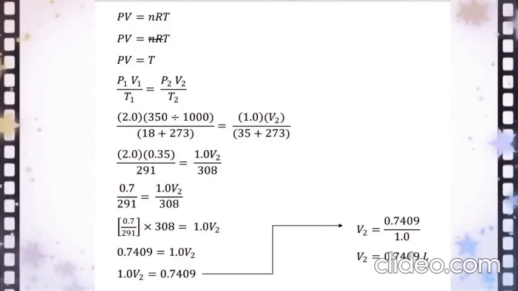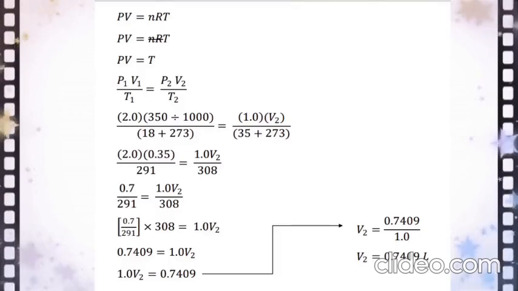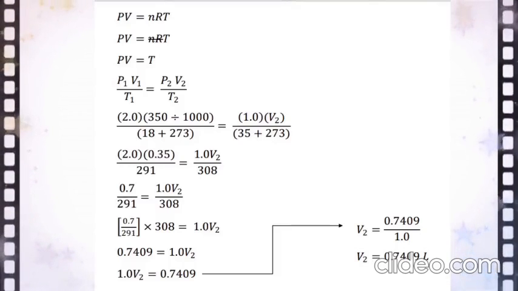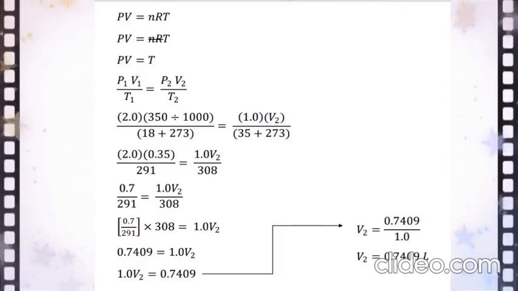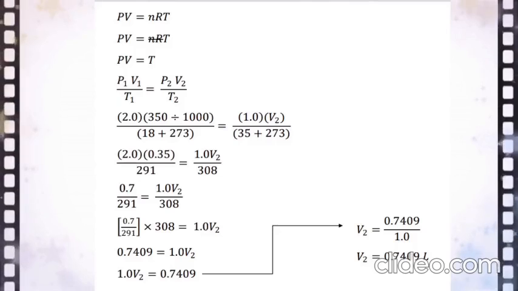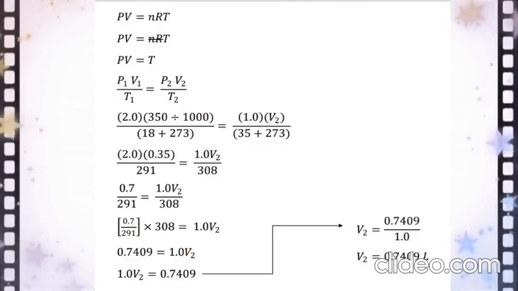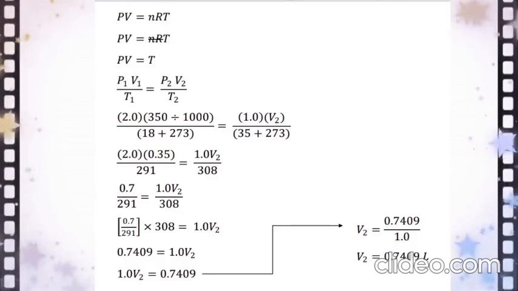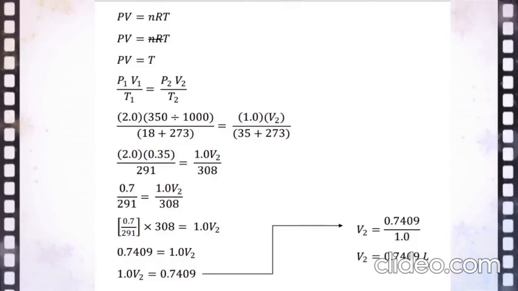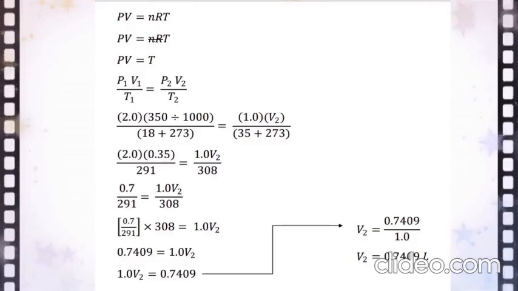After that, we can put all the values given into the equation, which is P1 is 2.0, V1 is 350 divided by 1000, T1 is 18 plus 273. 350 is divided by 1000 because we need the volume to be in liter. And the temperature, which is 18 degrees Celsius, must be in Kelvin.